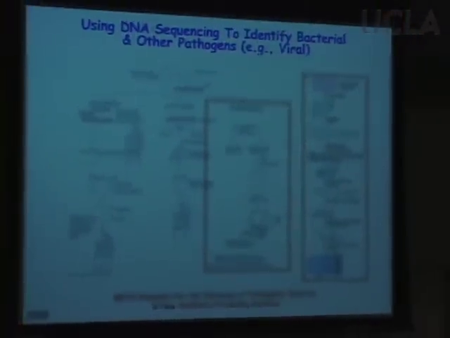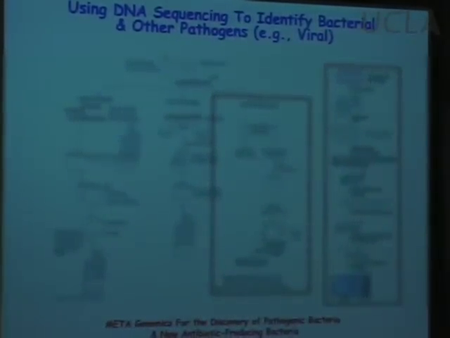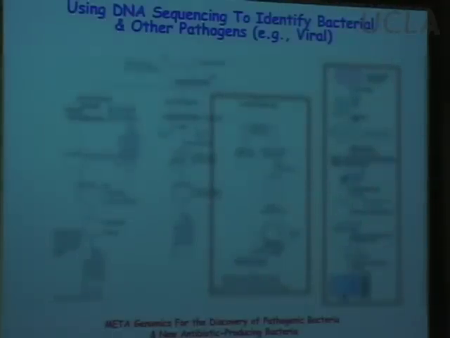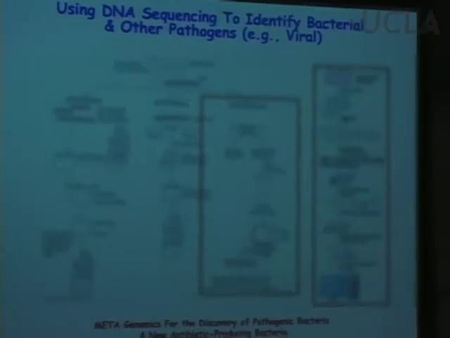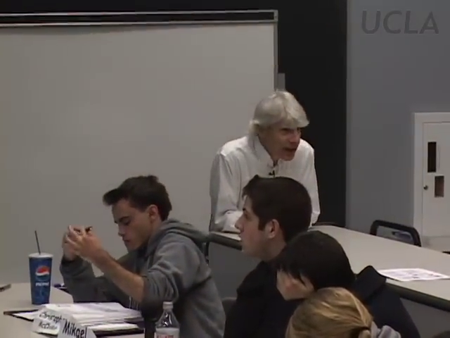On the other hand, what if you don't know anything about it? So you can't do a DNA fingerprint because you don't know what the pathogen is. Well, nowadays we do this thing using genetic engineering called metagenomics, something that you haven't heard about.